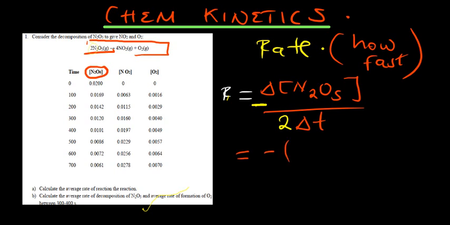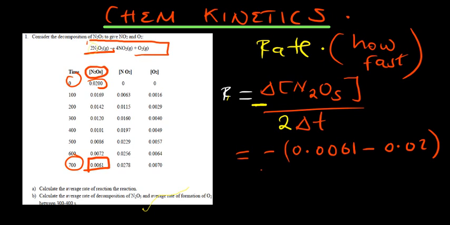The average rate, I will just look at the total time from 0 to the final point. So this is the final concentration of our reactants, 0.0061, minus the initial at start, 0.02. Change in time, 700 minus 0. Okay, we're good to go.